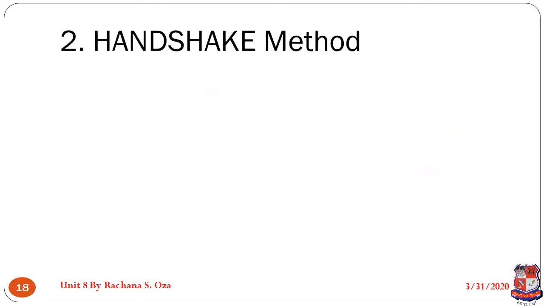Now the second method for asynchronous data transfer is the handshake method. What is there in the handshake method? Before discussing the handshake method, we should discuss the limitation of the strobe method. What is the limitation of the previous method?